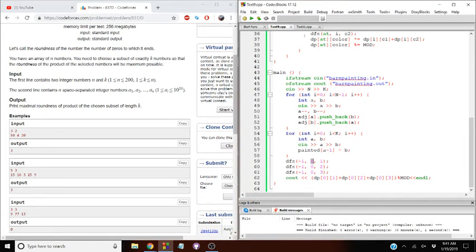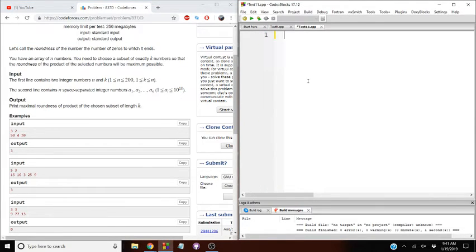Alright. Last problem. The maximum roundness. So thing to keep in mind is the number of zeros at the end of the number is the number of tens in the product. This is the same as, right?